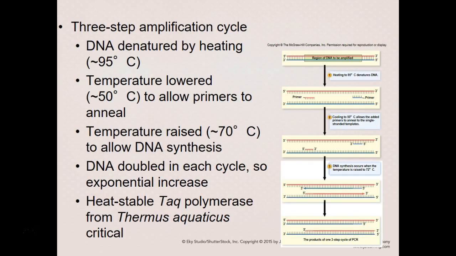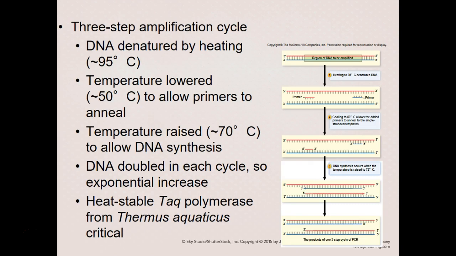So we produce the primers so that we're going to only produce DNA that we care about. And then we raise the temperature back up to 70 degrees Celsius. We have to add in our DNA polymerase, and then we allow the DNA polymerase to extend.